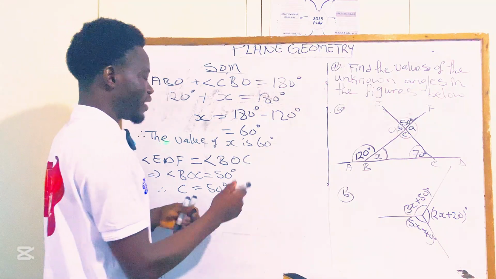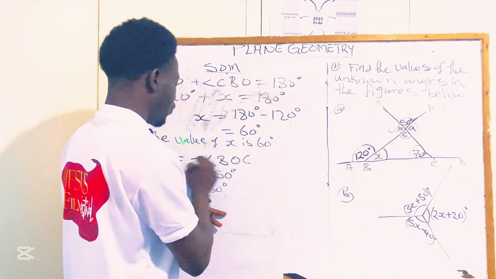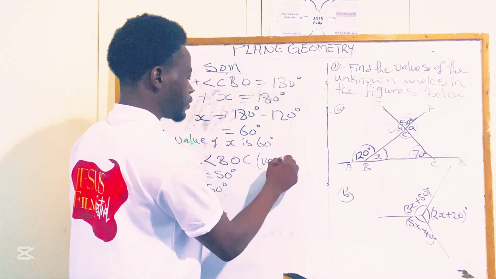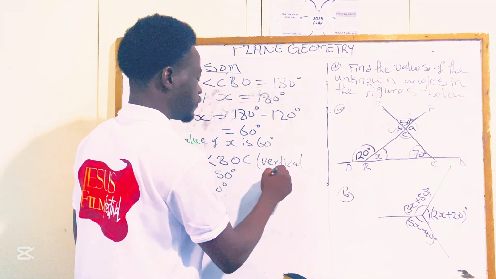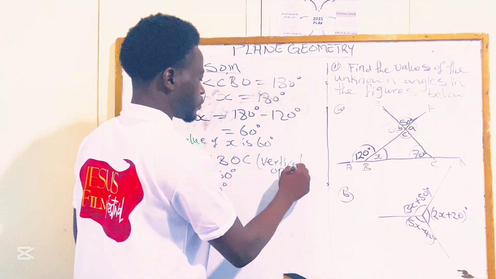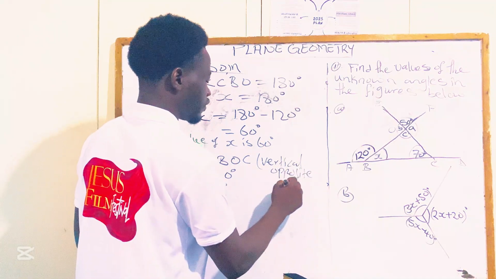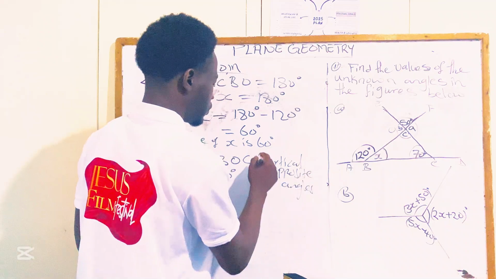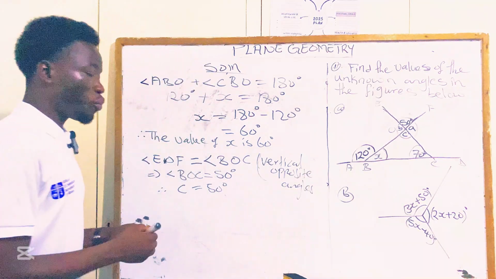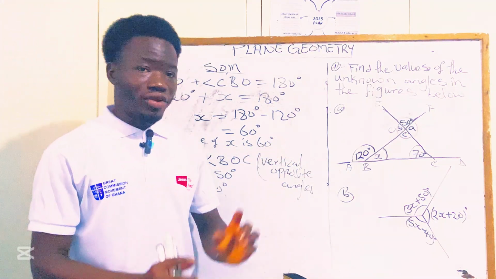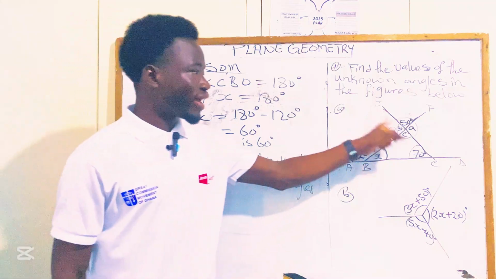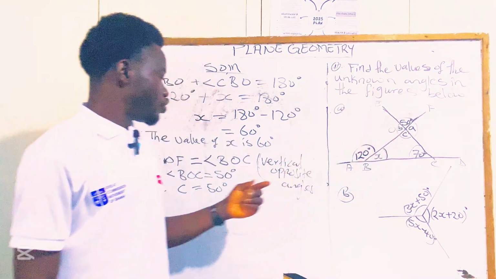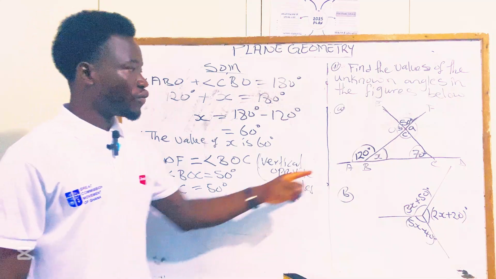So the reason is that these two angles are vertically opposite angles. In other words, we call it an X angle. So it's like an X. So the angle here is equal to the angle here. That is the property you can use to find C.